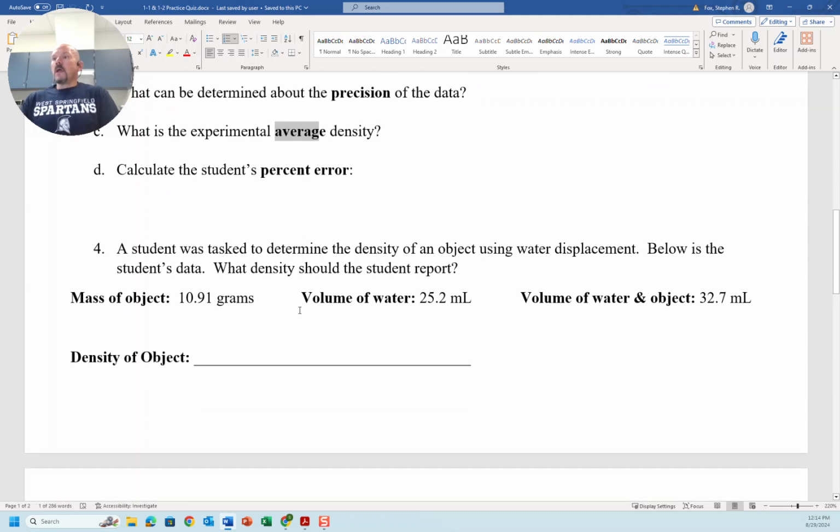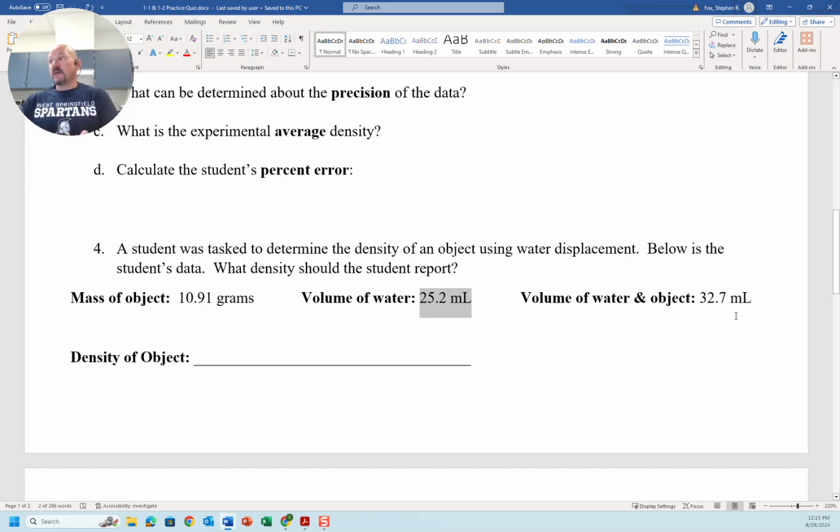Okay. Here, it's finding the density of an object through water displacement. This can be tricky because you need to take the mass of the object, which is given to you here, and divide it by the volume of just the object. To get the volume of just the object, you would have to do this volume minus that volume, right? This is the volume of the water, and this is the volume of the water and the object.